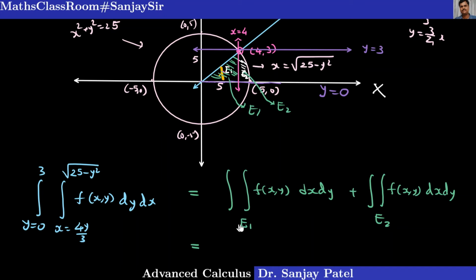For the region E1 we are integrating with respect to y first. So we must think of an arbitrary strip parallel to the y-axis and see the lower end and the upper end of the strip. Here the lower end is the x-axis, which is given by y equal to 0, and the upper end is the line shown in blue, which is x equal to 4y by 3.